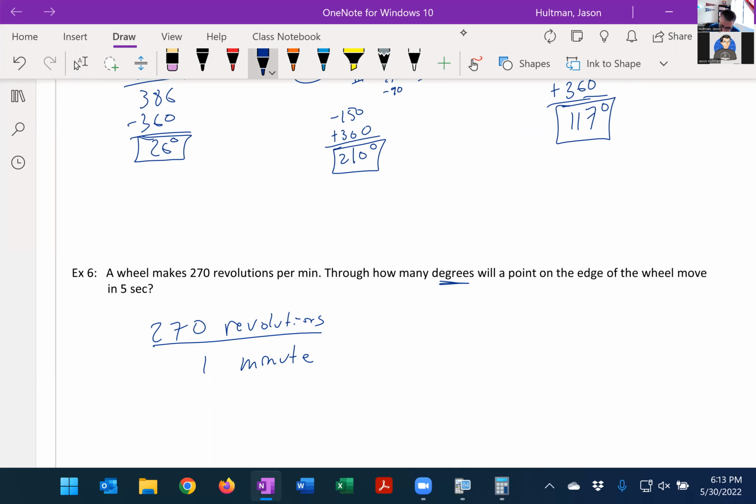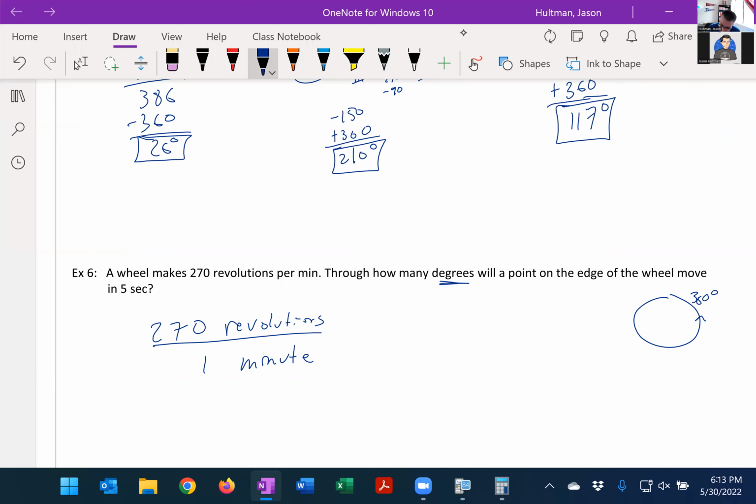Okay, so we want to know, how many degrees are in one revolution? If I go all the way around a circle, that's a revolution. If I take a circle here and I go all the way around the circle, that's 360 degrees.